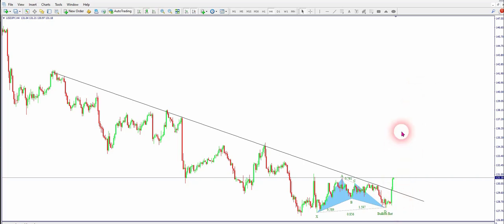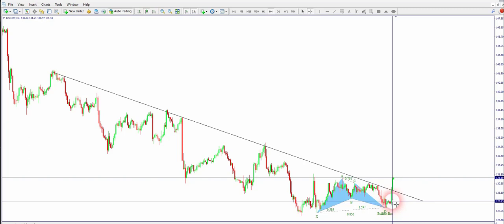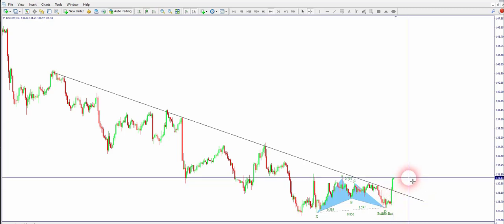The market pumped up straight away 300 pips in a very short time, within about 9 hours.